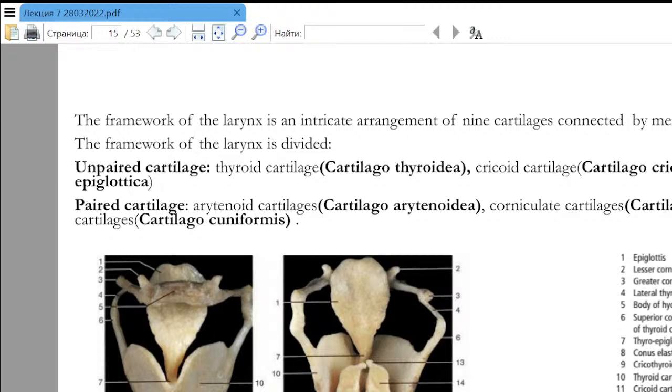And the paired cartilages. What do you see? Arytenoid cartilage, cartilago arytenoidea, and corniculate cartilage, cartilago corniculata. The cartilago cuneiformis is absent in the picture.